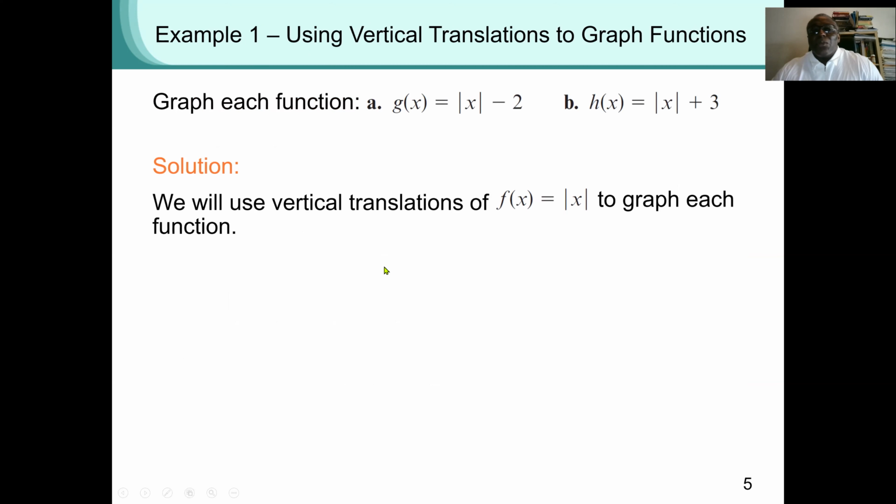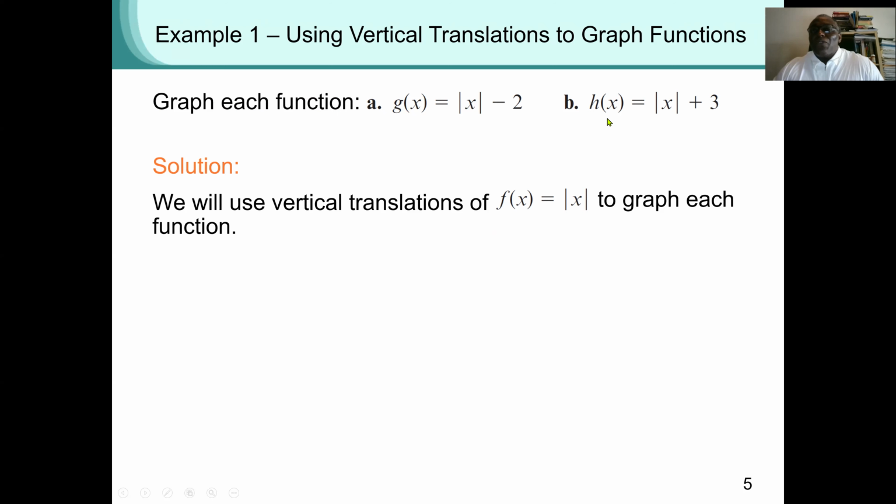So let's see an example here. Here they say we should graph each function: g of x equal to absolute value of x minus 2. So I'm going to first graph the function g of x equal to absolute value of x, then translate it 2 units downward.